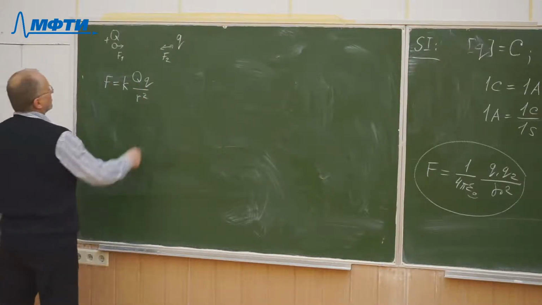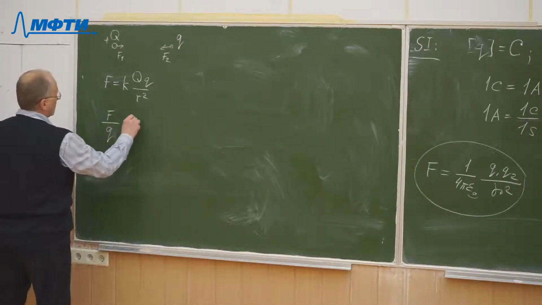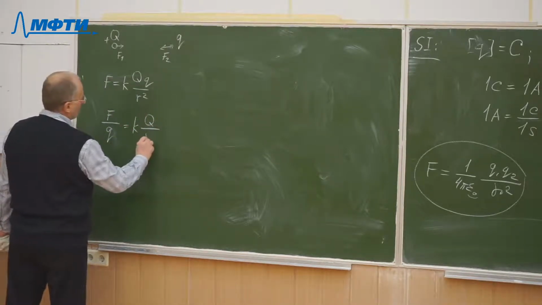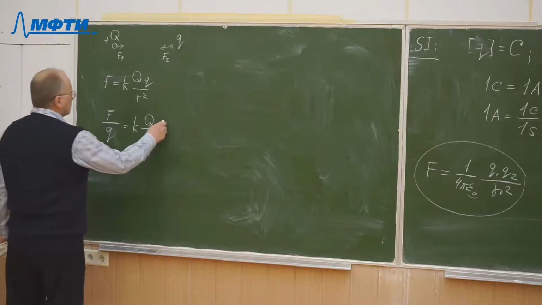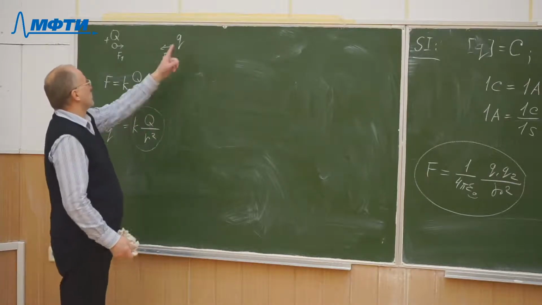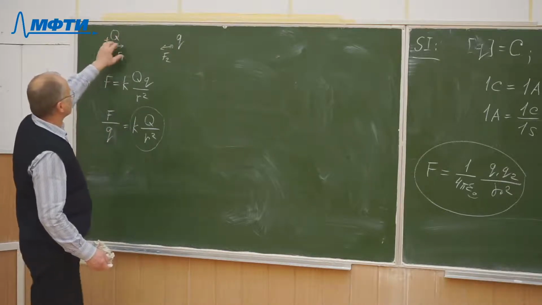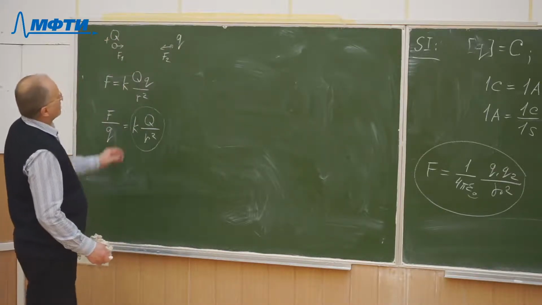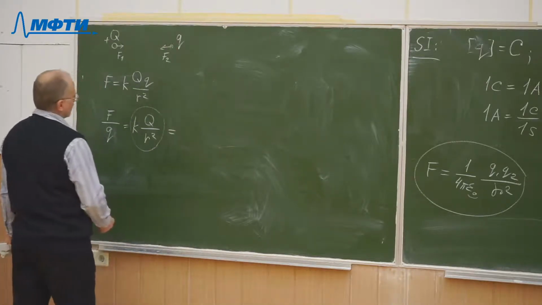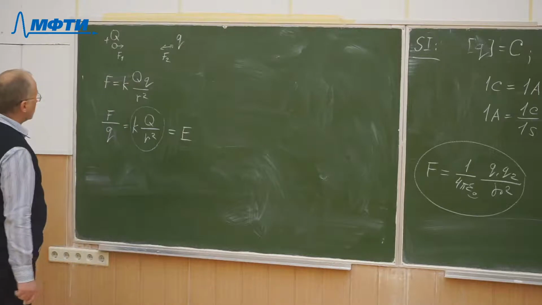If we divide this formula by small q, then we obtain that force of interaction divided by q equals the coefficient of proportionality, capital Q over r squared. So this quantity does not depend on the outside charge brought to this point. This quantity depends only on the central charge which creates the field in this space. So this quantity was believed to characterize the strength of electric field, and it's usually indicated as E.